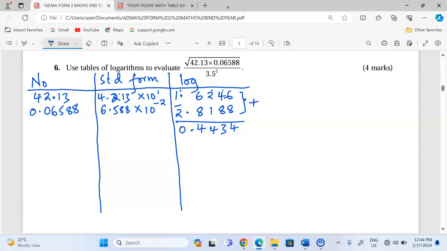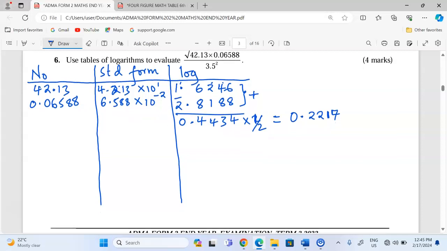So this means we multiply by half, and the logarithm is going to become 0.2217. So that is the general logarithm from the numerator.